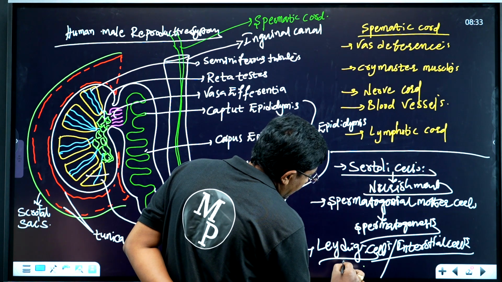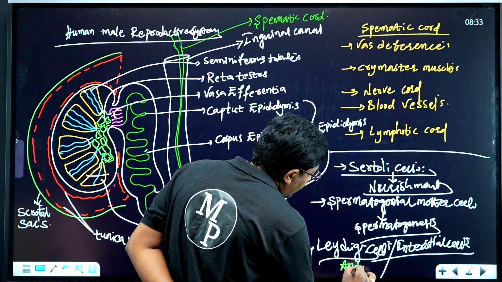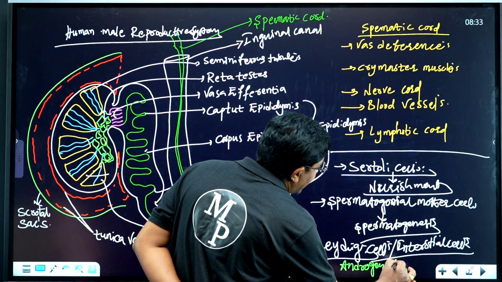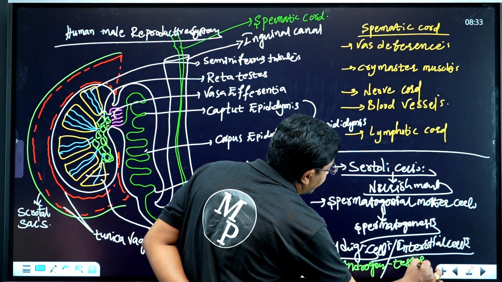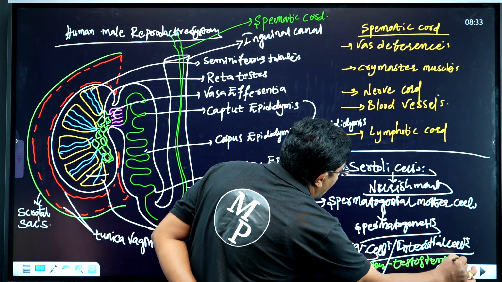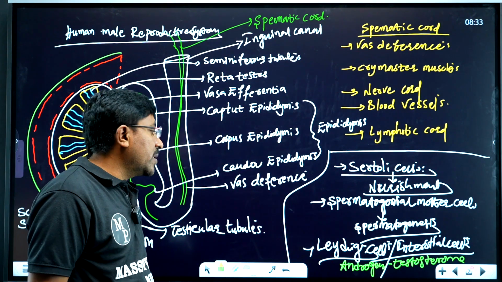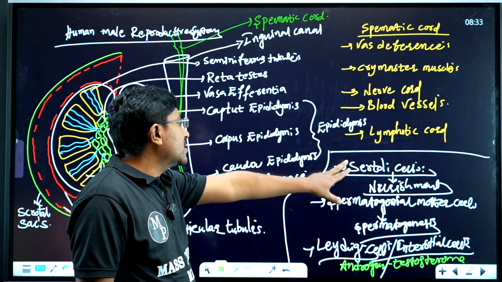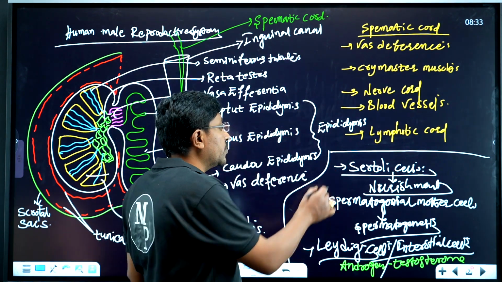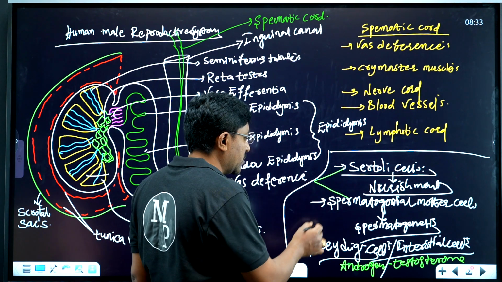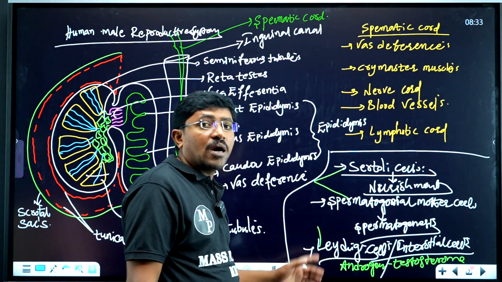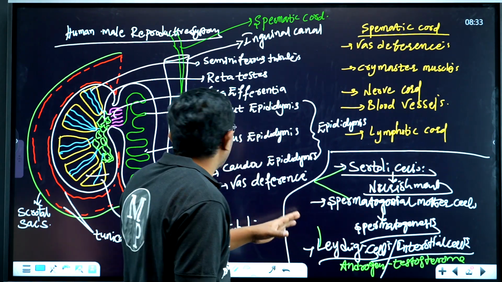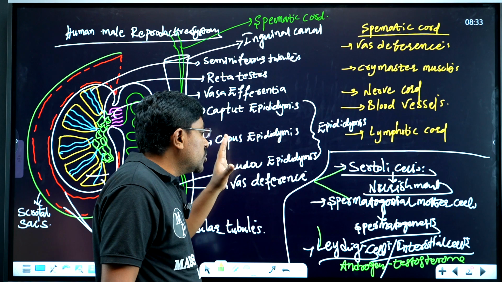They are involved in the production of androgen, that is, the testosterone hormone. So these are the important points regarding what is inside the seminiferous tubule, two types of cells, and what is present outside it.